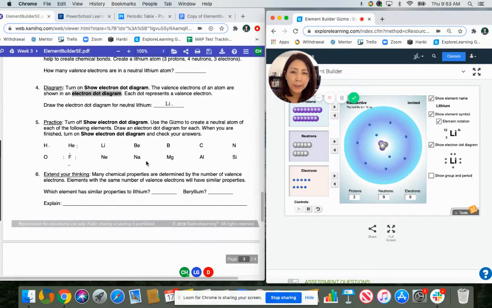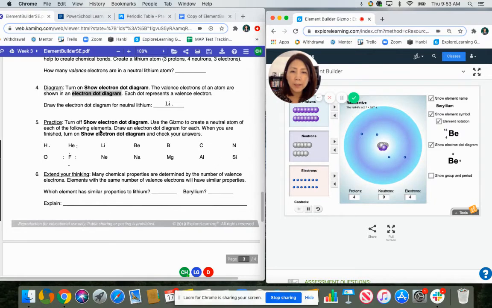Okay, so by now you should have done all of these, and lithium, I know, has 1 valence electron. So I want to see which other elements have 1 valence electron, and I'm going to write that there. Beryllium has 2 valence electrons because there's 2 on this outer orbit.